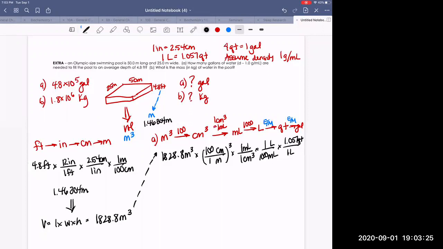And I've even run out of room here. So now I've got to keep going down on the bottom here. I want quarts to go away. 4 quarts is 1 gallon. Wow, that was a lot. But when I round to significant figures, I'm going to end up getting 4.8 times 10 to the 5th gallons.